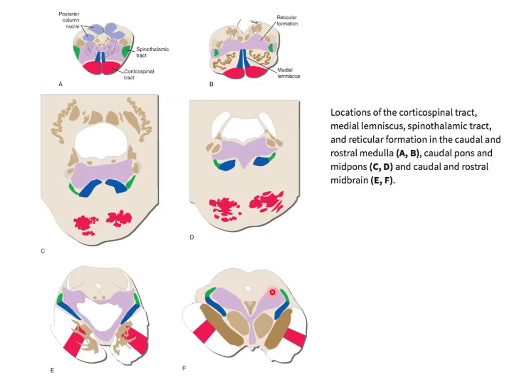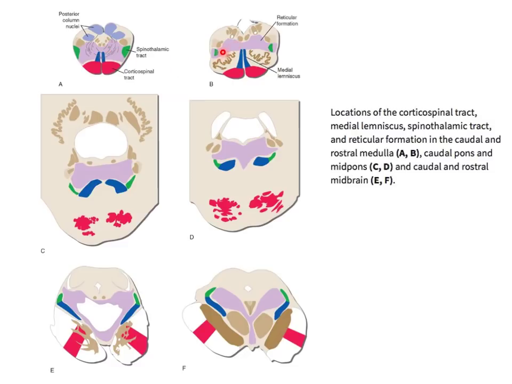We see here slices of different locations within the brainstem, starting from the caudal medulla, moving higher up in the medulla, to the pons and the midbrain. We can see here in a lavender color this tegmental region. This is the brainstem tegmentum. We see a wide area of reticular formation.